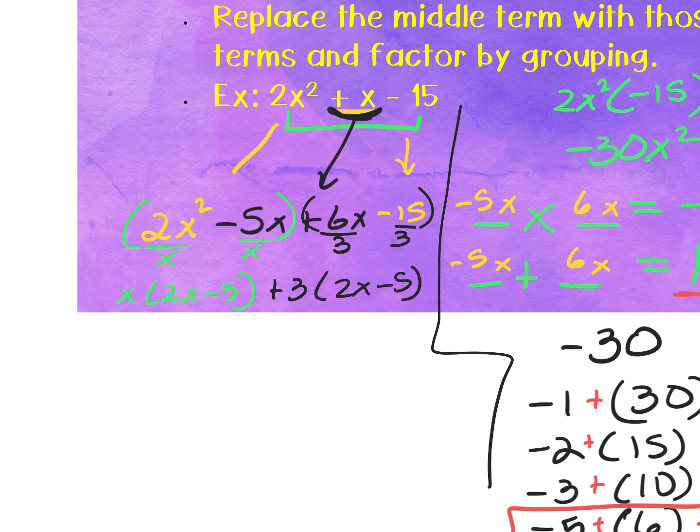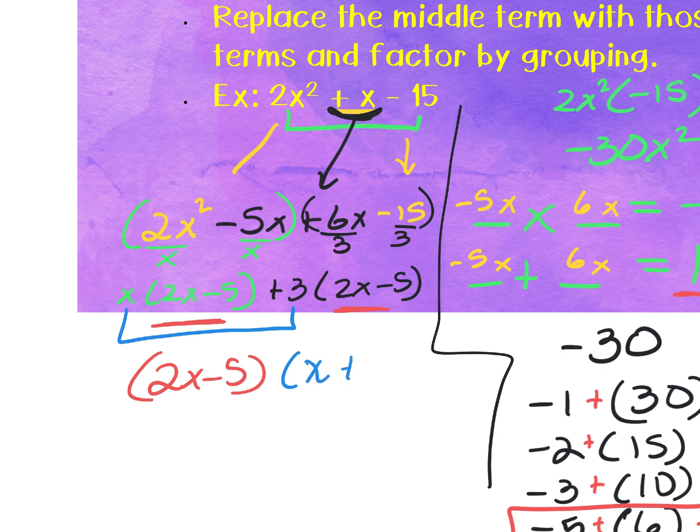Remember, when you factor by grouping, these two need to look the same. They're the same. You write it once. It now essentially becomes a GCF. And then you take the two original GCFs that you divided by, and they go into the second binomial. Again, I highly recommend that after you think you have your answer, you FOIL it to check.